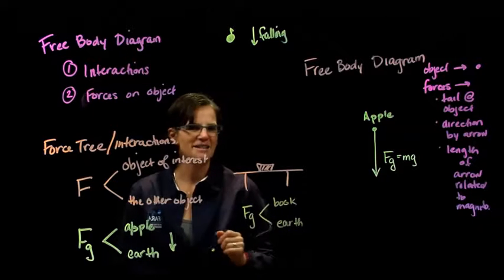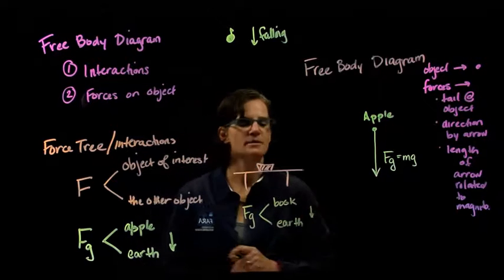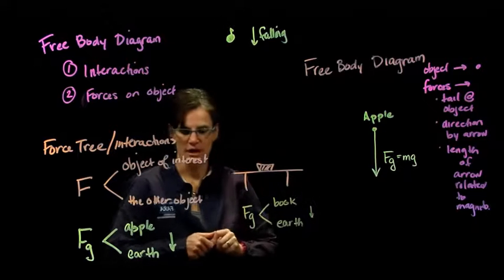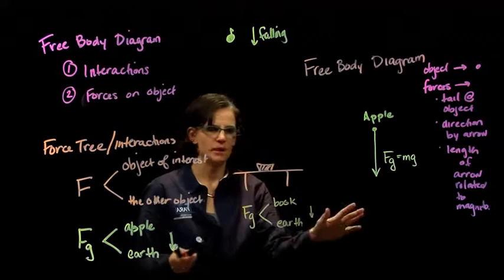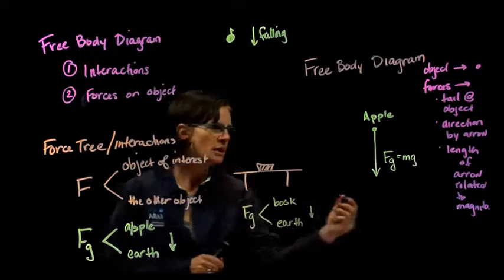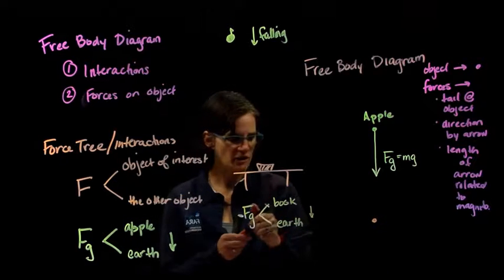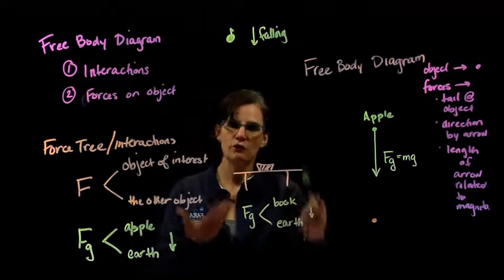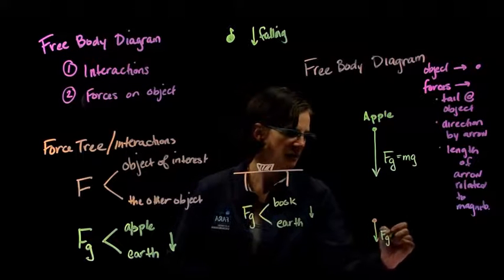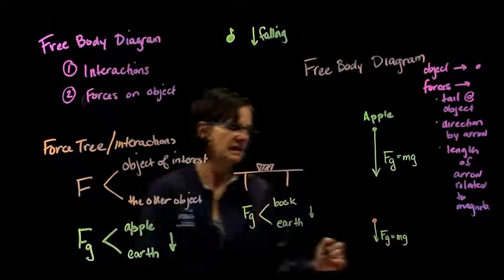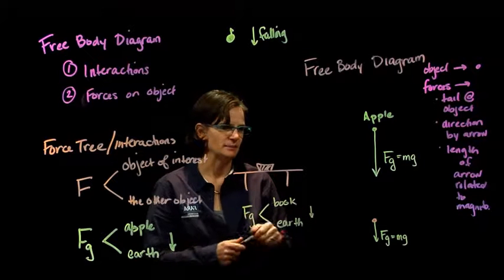Force of gravity always acts in the vertical direction, so I'm going to represent my downward arrow there. Now, whether you do all the interactions first and then develop the free body diagram is up to you. But if we were going to develop the free body diagram as we looked at our interactions, my first force would be the force of gravity acting down, and that's mass times gravity, just to get in the habit of always writing that in there to remind us that it's mass times gravity.